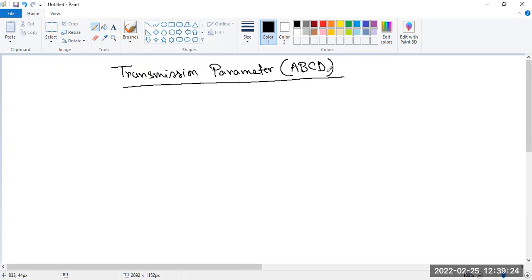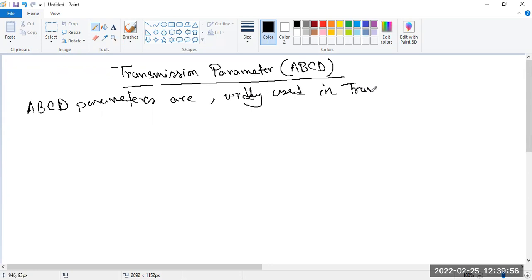So ABCD parameters are widely used in transmission line and the cascade network, etc. Okay, so you can write out ABCD parameters are widely used in transmission line theory.